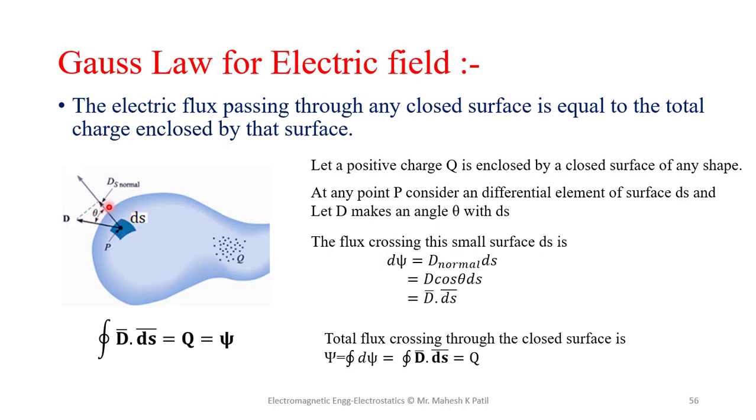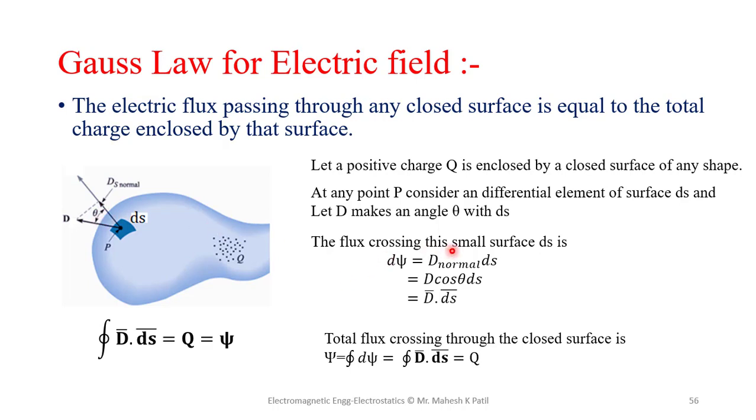How is this angle defined? Consider this is the surface ds. This surface has its normal direction. Similarly, the flux density given out by this small area, let this be D. This D is making an angle with the normal to ds. Let that angle be theta.